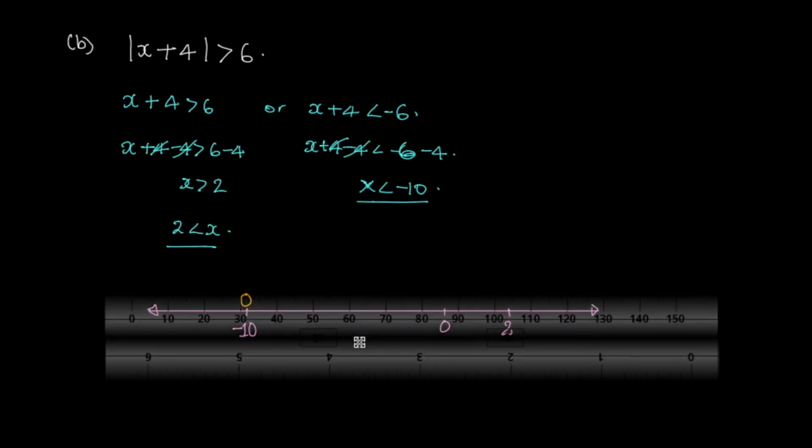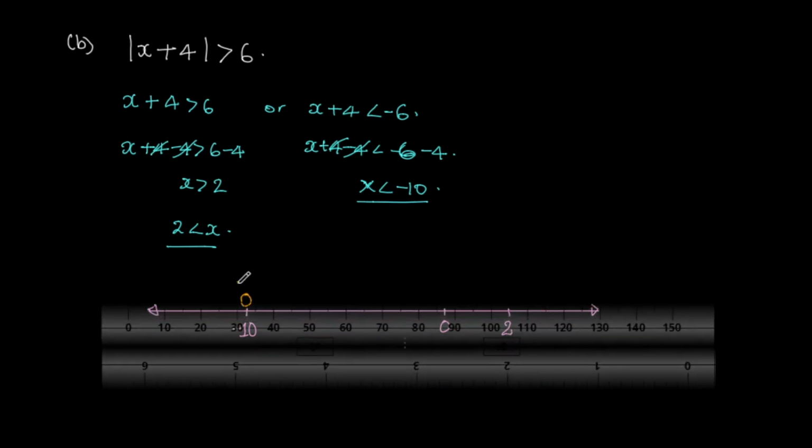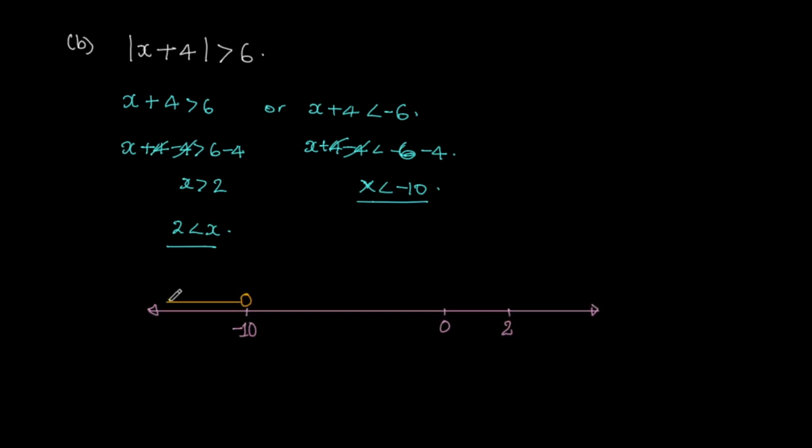Now this time we have a less than sign, meaning we have an open circle. Then the next one here, we have x values that are more than 2.